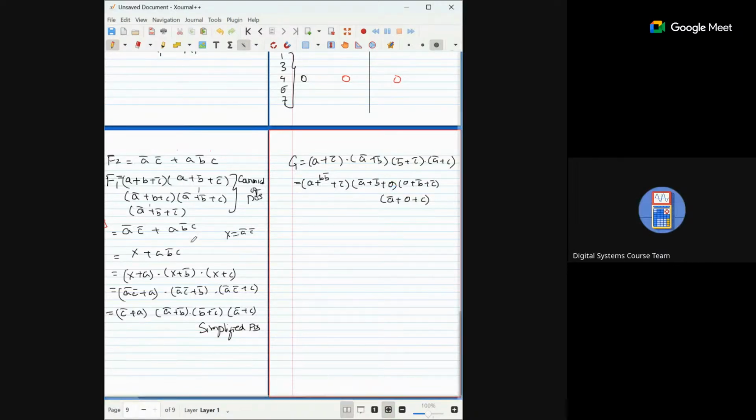So I can include it here. Here the missing term is C, so I put C bar. Here the A term is missing, A dot A bar. Here the B term is missing, B bar. Is it okay? Yeah. Then I can re-expand it: this is equal to A plus B plus C bar times A plus B bar plus C bar. The first one is expanded like this in two ways. Is it okay?